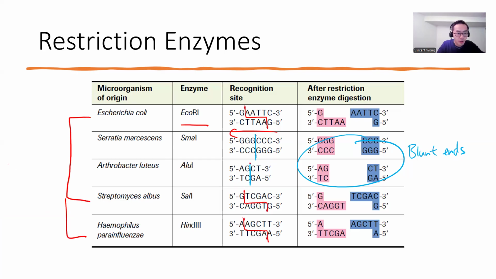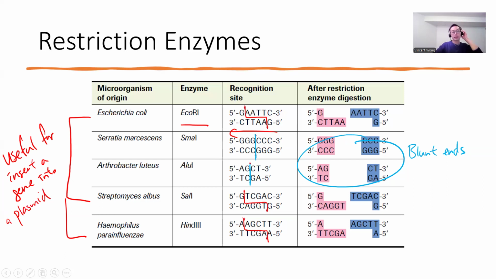These ones are useful for inserting a gene into a plasmid. Plasmids are these tiny circular DNA that bacteria can pick up from the surrounding and incorporate into its own genetic material.